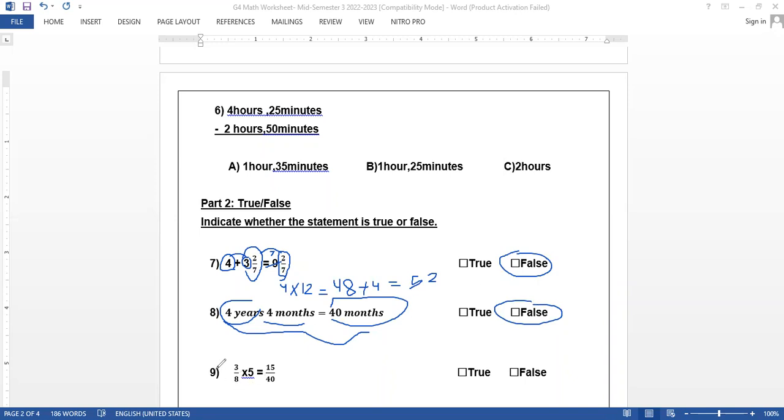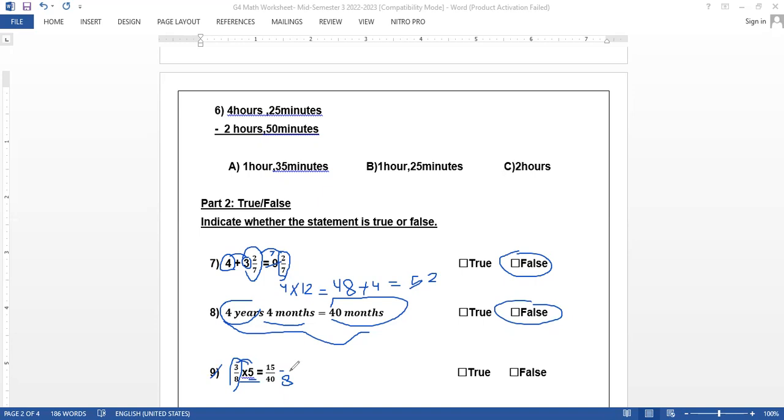In question number 9, we are multiplying a fraction by a whole number. As I mentioned before, we keep the denominator as 8. We multiply the whole number only by the numerator. 3 multiply 5 equals 15.